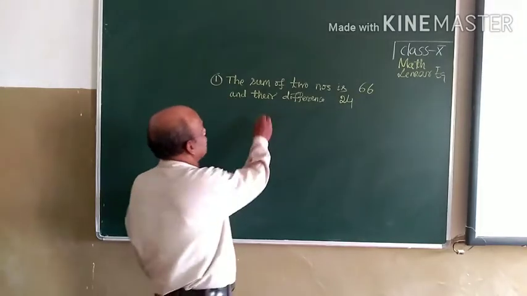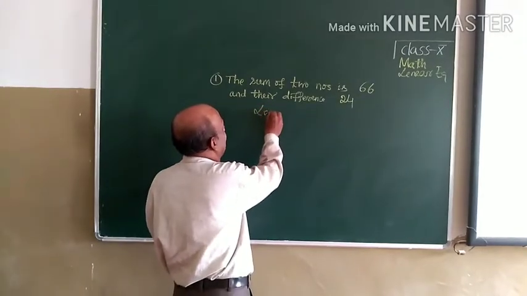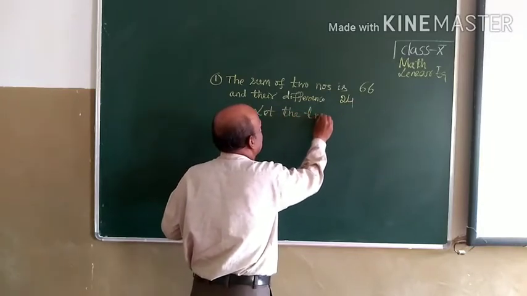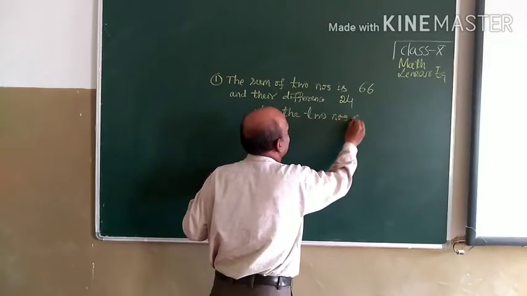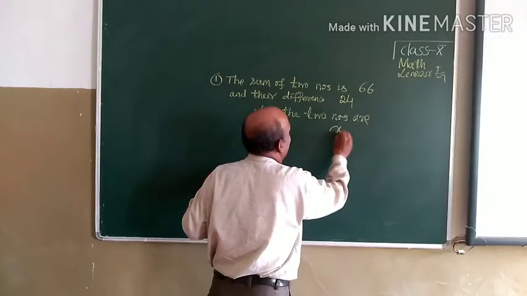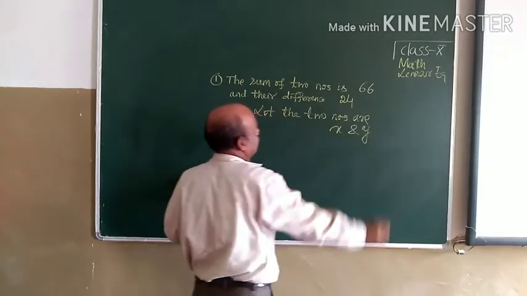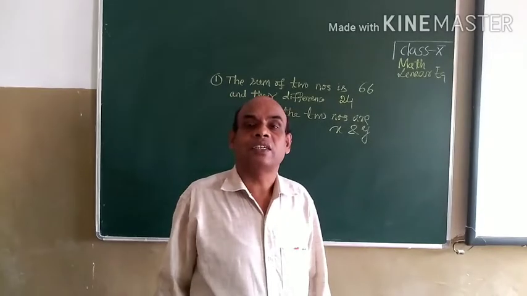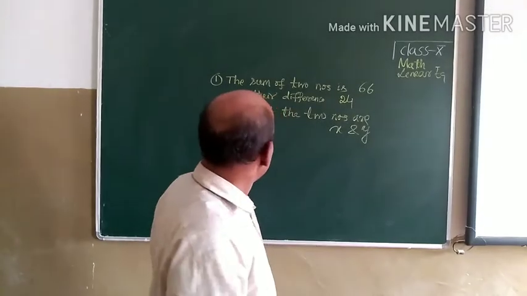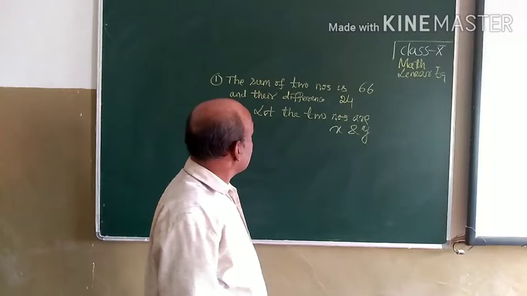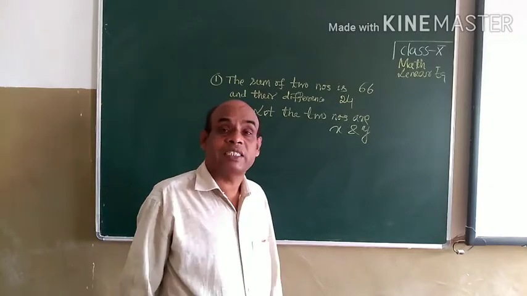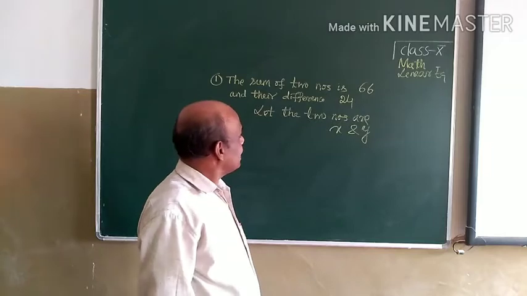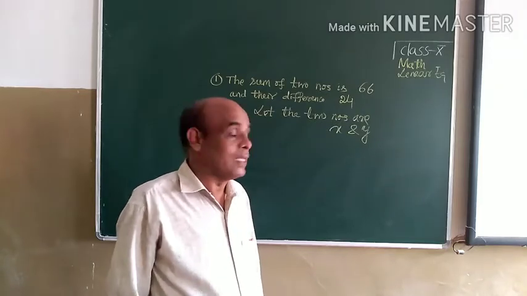So let the two numbers be x and y, because the two numbers are not given, you have to find two numbers.